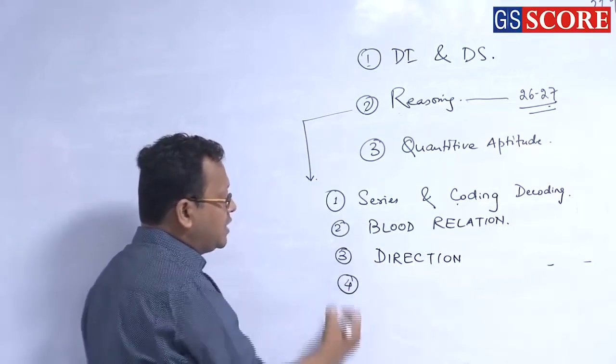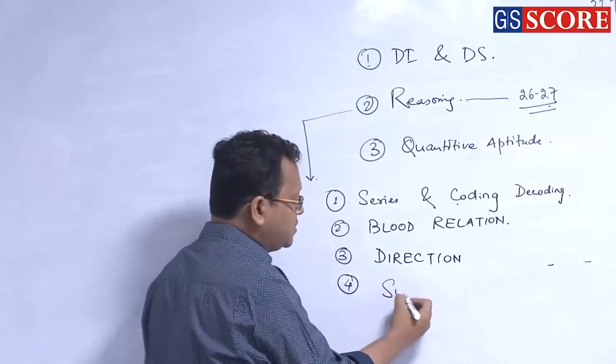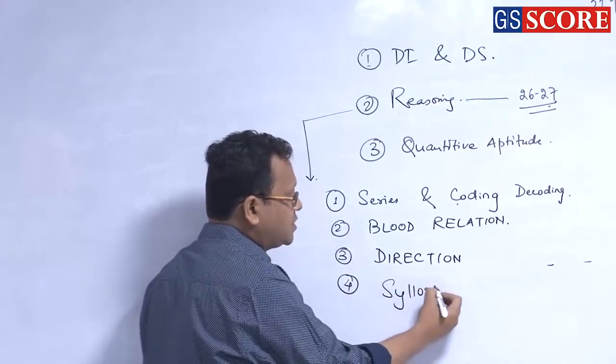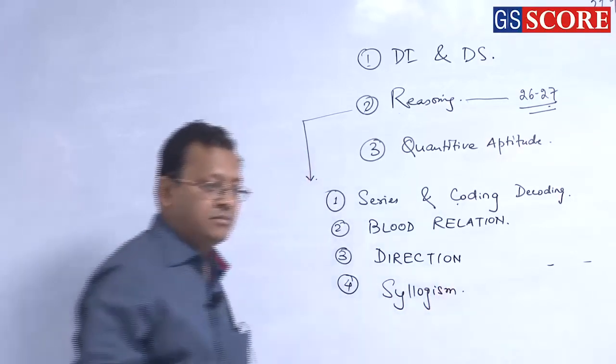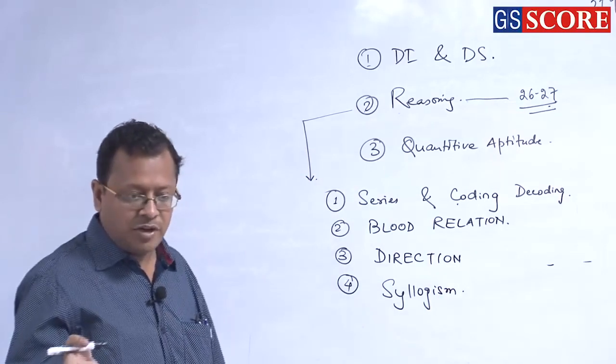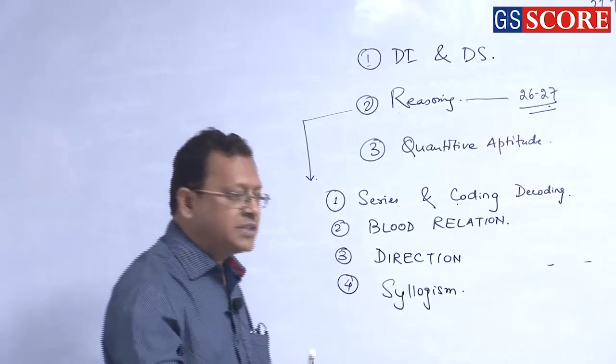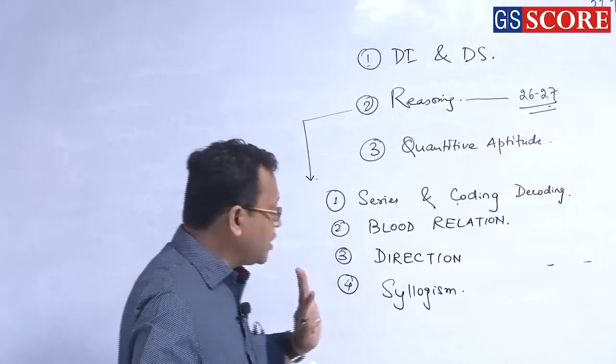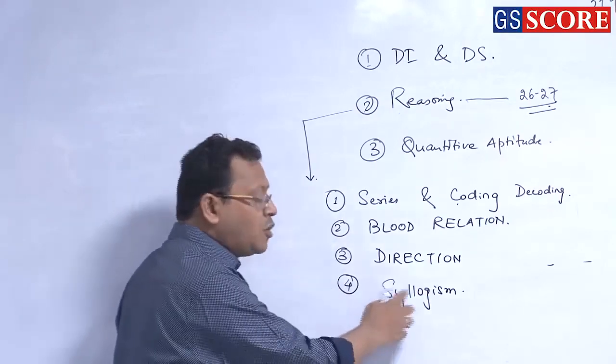The fourth one is syllogisms. Questions on syllogism come a lot. All A's are B's, some B's are C's, some C's are D's. We have got 2 questions here in the exercise. We'll attempt that according to the proper funda. Syllogism. So tell me how many conclusions follow.